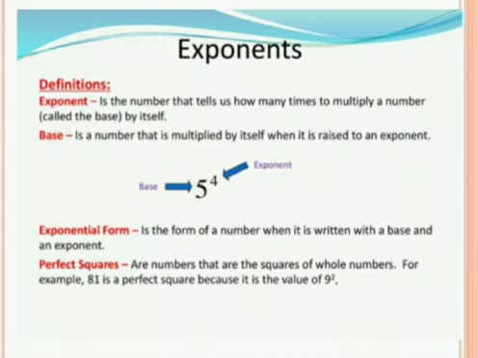And the exponential form is the form of number when it is written with a base and an exponent. And the perfect squares are numbers that are the squares of all numbers. For example, 81 is a perfect square because it is the value of 9 squared, 9 exponent 2.